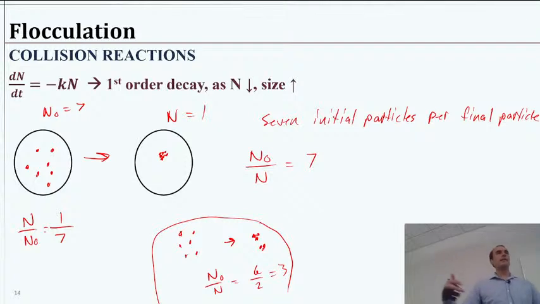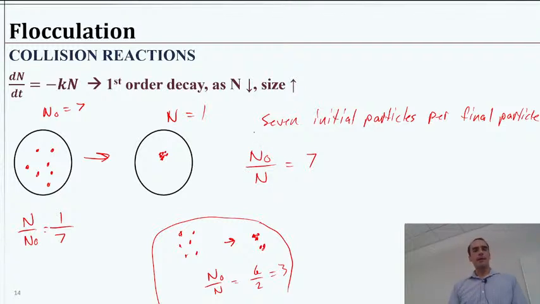So you can kind of see it doesn't really matter exactly the volume we're using. This could be 10,000 particles starting with, and 1,000 left, and that's a factor of 10 or whatever. You can see how this ends up working out, right? And then we can connect different mass balances to this n naught over n.